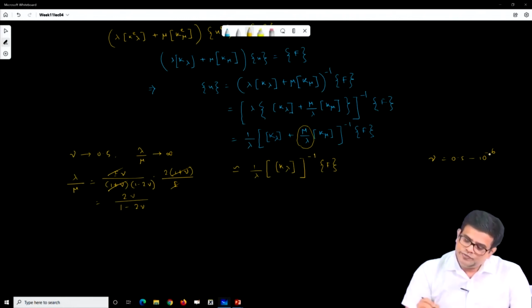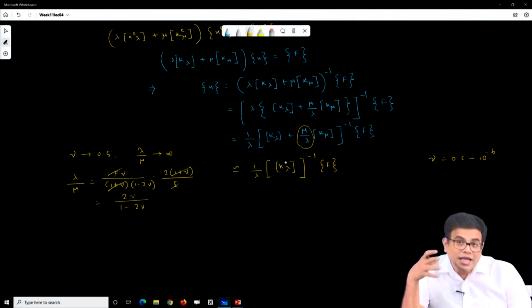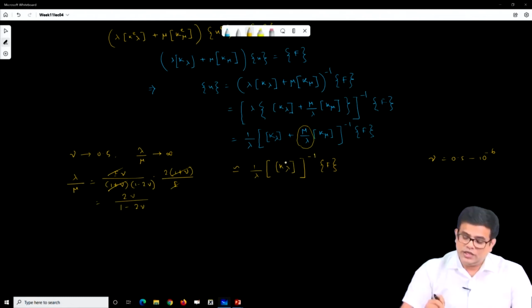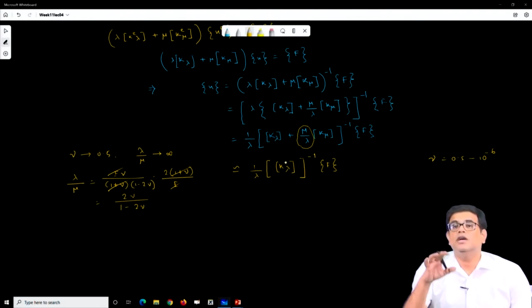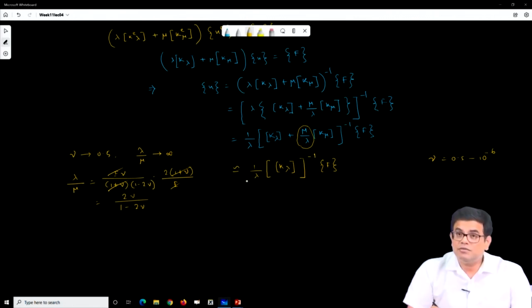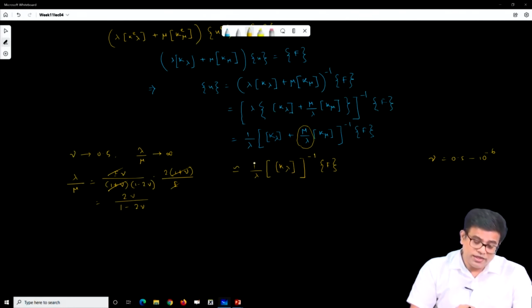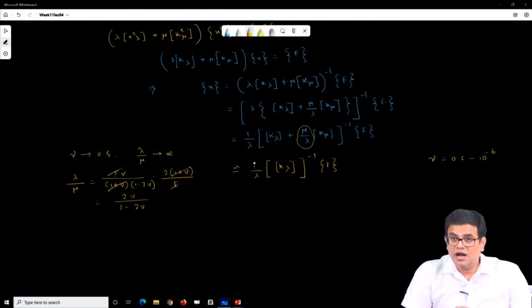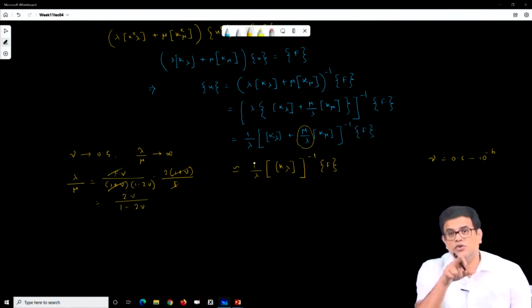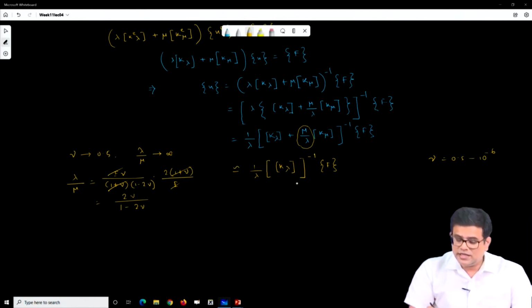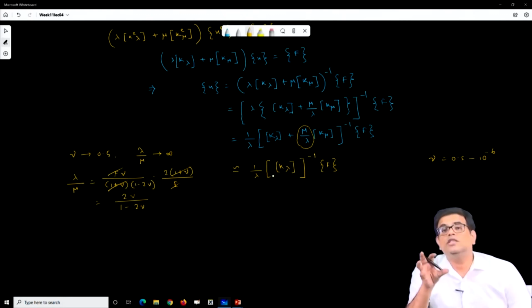K lambda is a finite quantity, and this will be a large quantity. Since lambda has the 1 minus 2 nu term, lambda goes to infinity, then 1 by lambda goes to 0, so naturally this will give me a zero displacement.